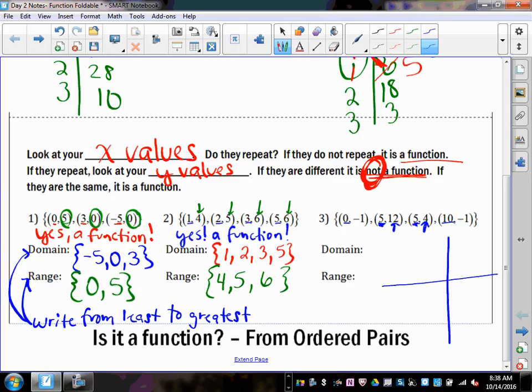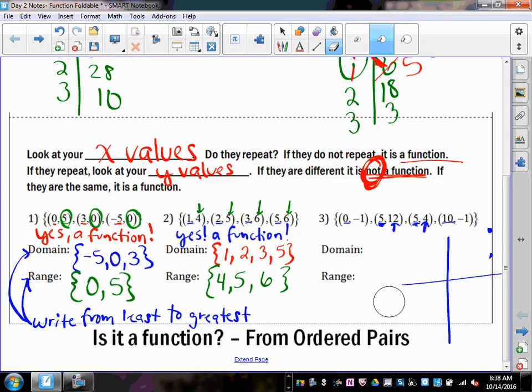Basically, if I were to graph this, it would look something like this, right? For a function, it is not possible for 5, when I put it into my function, to get back 12 and 4 at the same time. So for it to be a function, you can't get 2 different outputs at the same time.